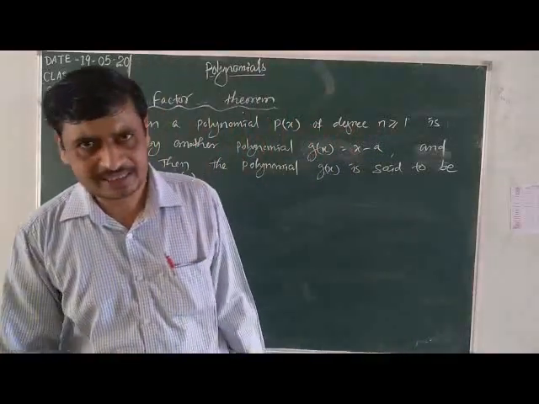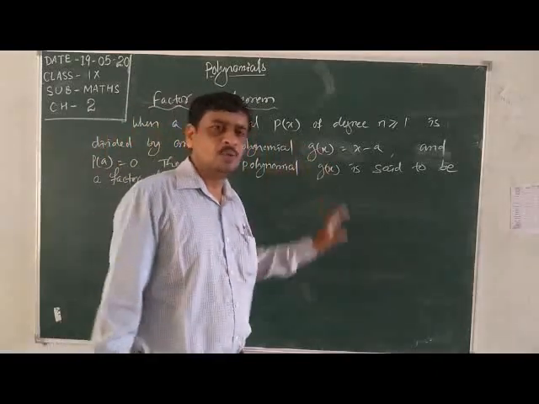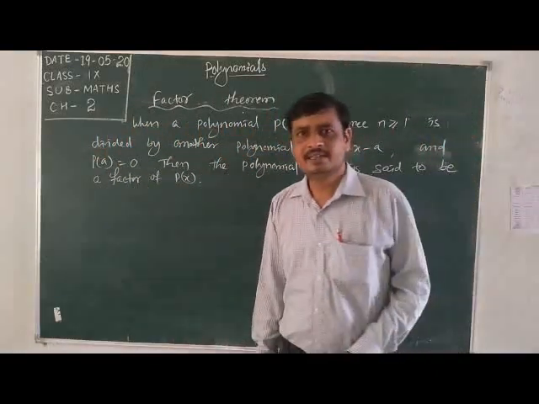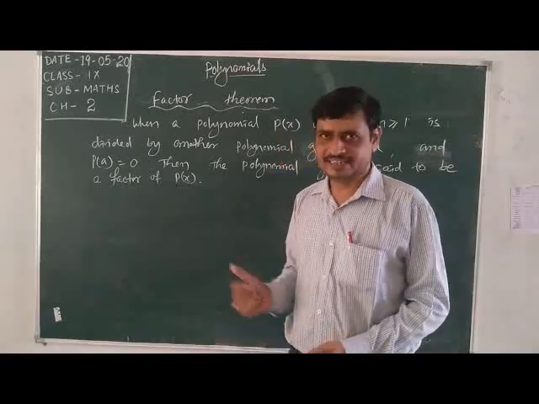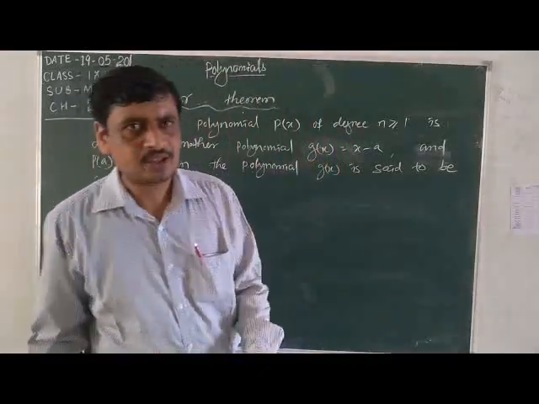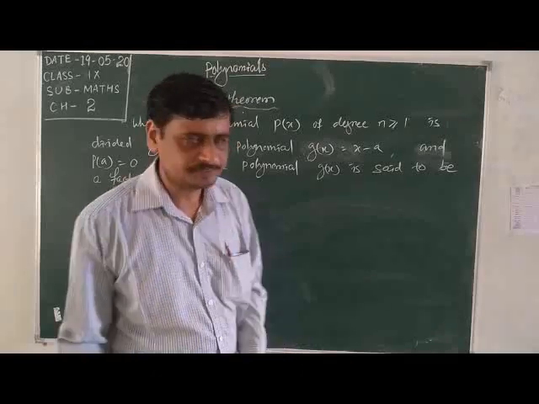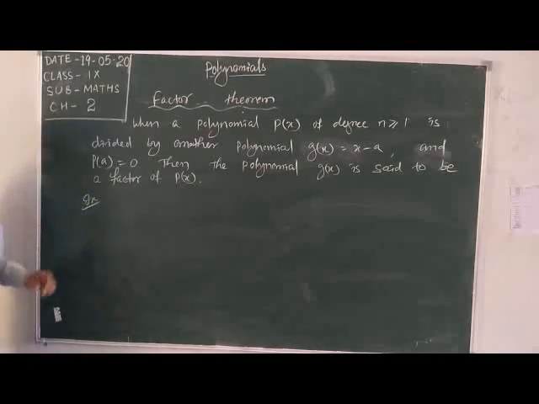According to this factor theorem, we can find whether a polynomial is a factor of another polynomial. We have to check it. We can check by taking any two polynomials whether one of them is a factor of another or not. Here, we are taking an example.